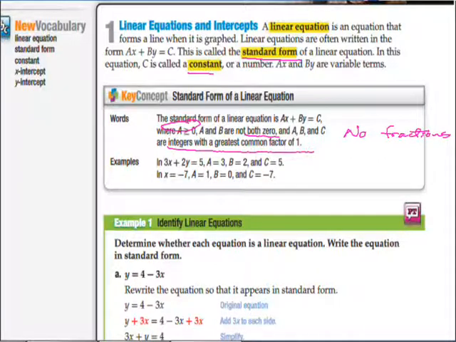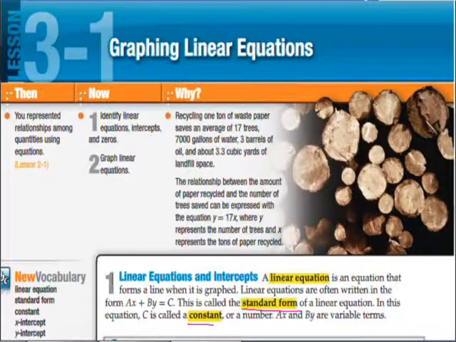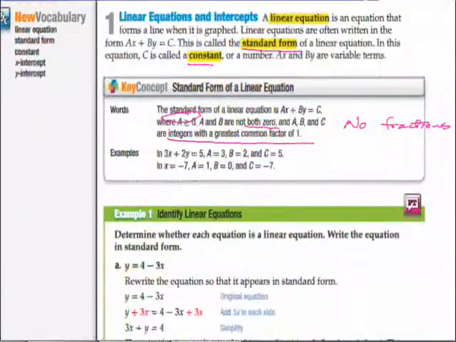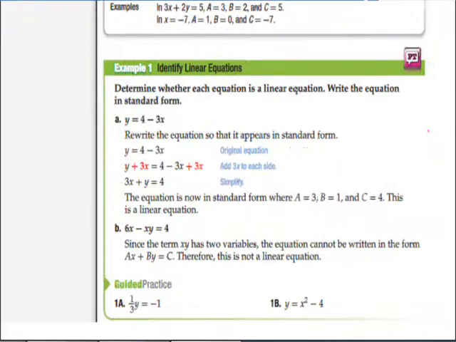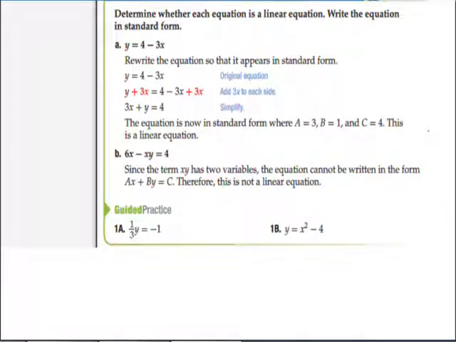All right, so let's take a look at identifying linear equations. Just understanding when it's a linear equation and when it's not is going to be incredibly useful. Take a look here at example 1.